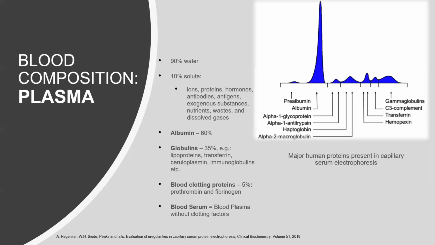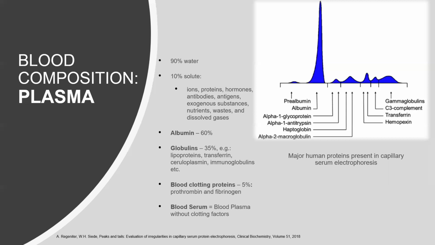And if you put plasma in a glass beaker, it will form a clot on the top, right? These are all the clotting factors, including fibrinogen. So the blood plasma without clotting factors is called blood serum. So if you remove that clot, then you have serum.